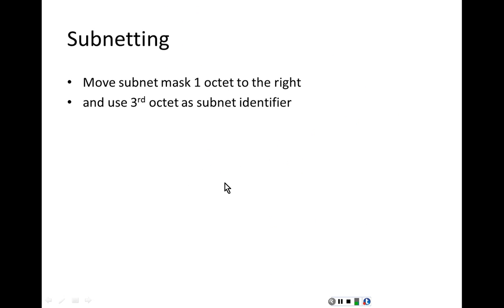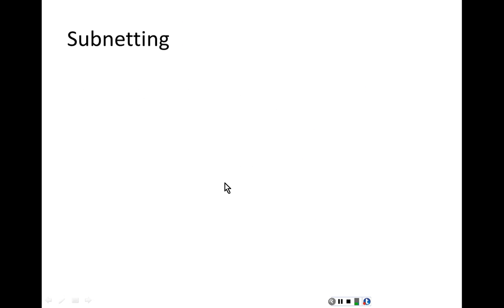The subnetting, you move the subnet mask one octet to the right, and you use the third octet as subnet identifier. And that's a definition of subnetting.